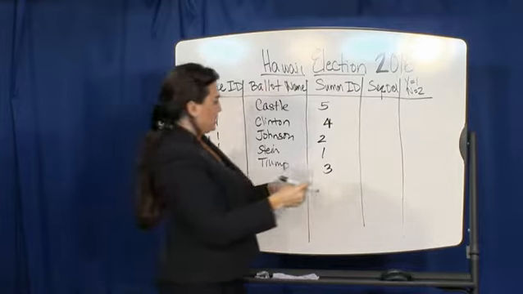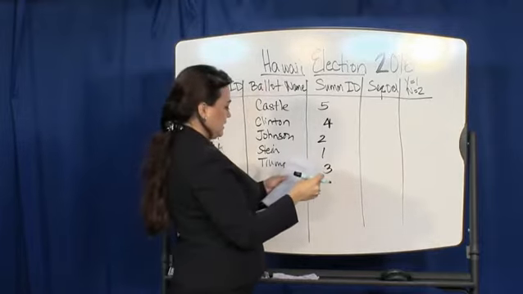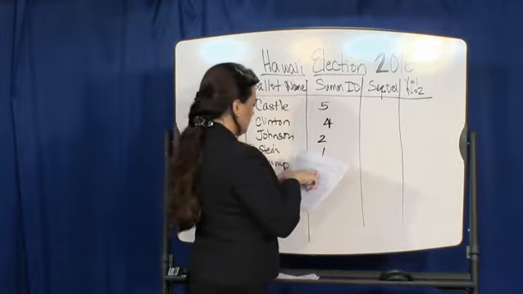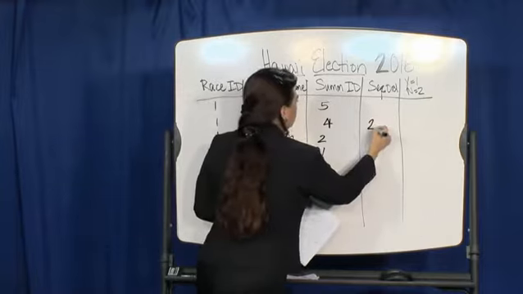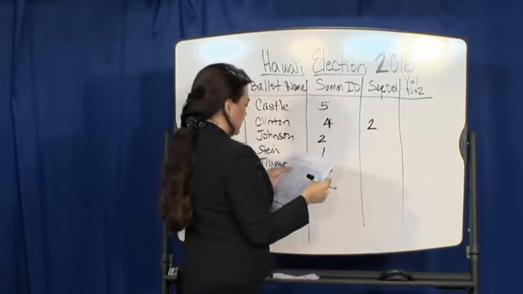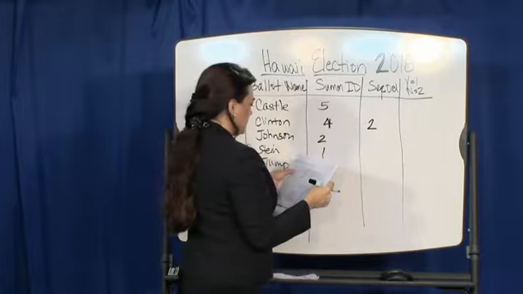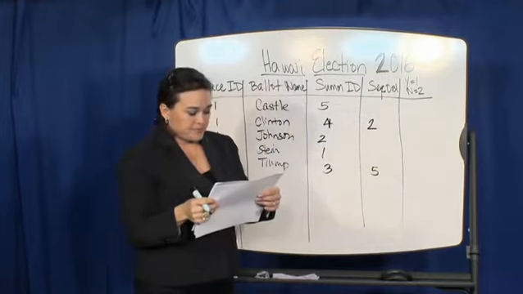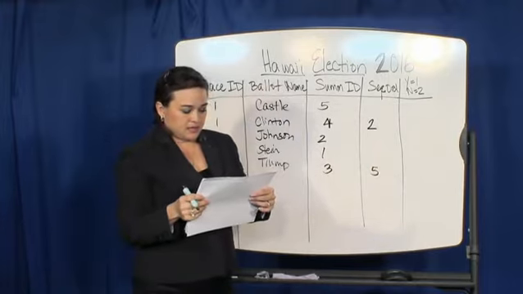Sequential order: Clinton is now 2. Wait, hold on. Clinton is 2. Trump is 5. Stein is 4.